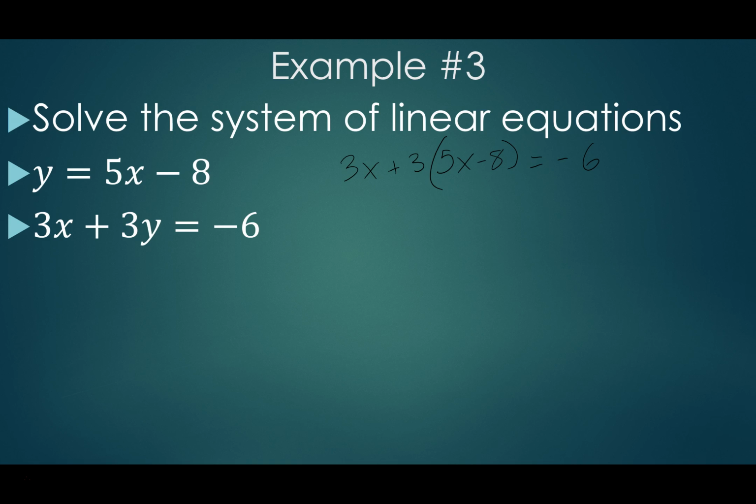So we distribute the 3 to get 3x plus 15x minus 24 equals negative 6. When we combine like terms, it becomes 18x minus 24 equal to negative 6. We will add 24 to both sides, get 18x equals 18, so x equals positive 1.